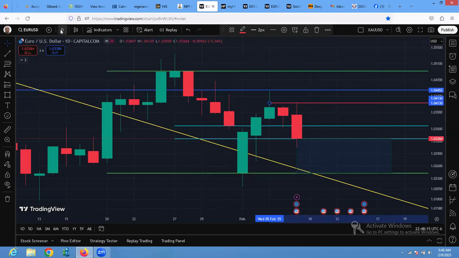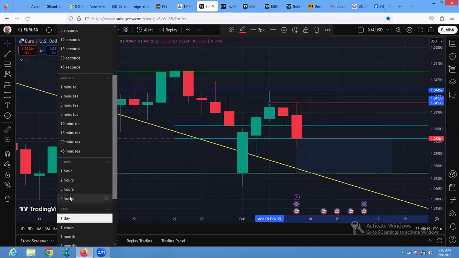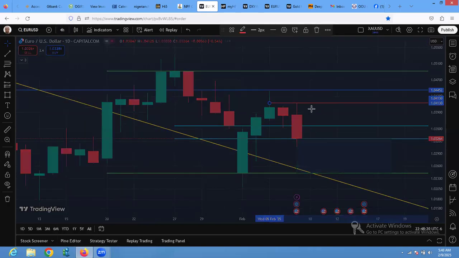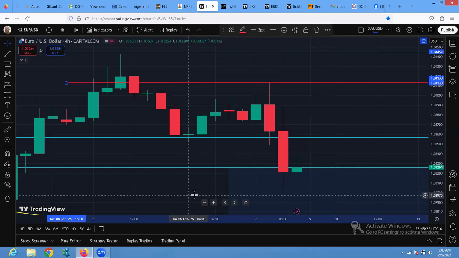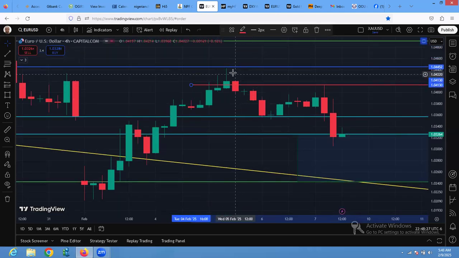So on the 4-hour time frame, if you are trading euro dollar, we are seeing this as a possible correction to the downside for further push to the upside, except if this would turn bearish or impulsive.